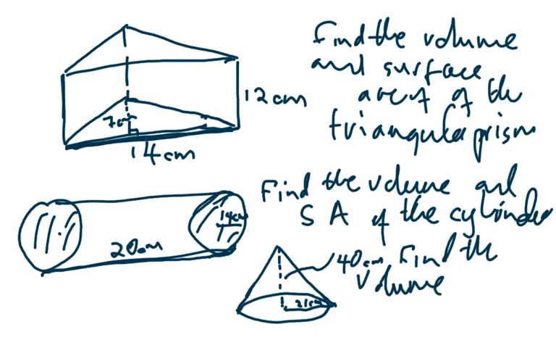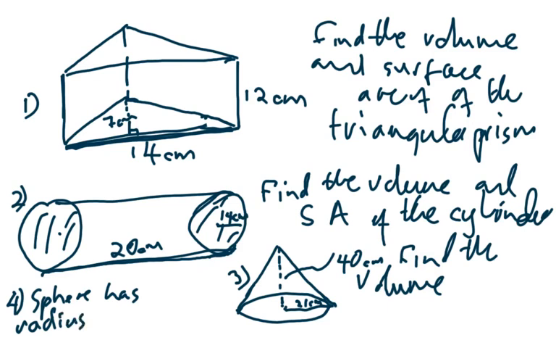A sphere has a radius equal to 28 centimeters. Find its volume.